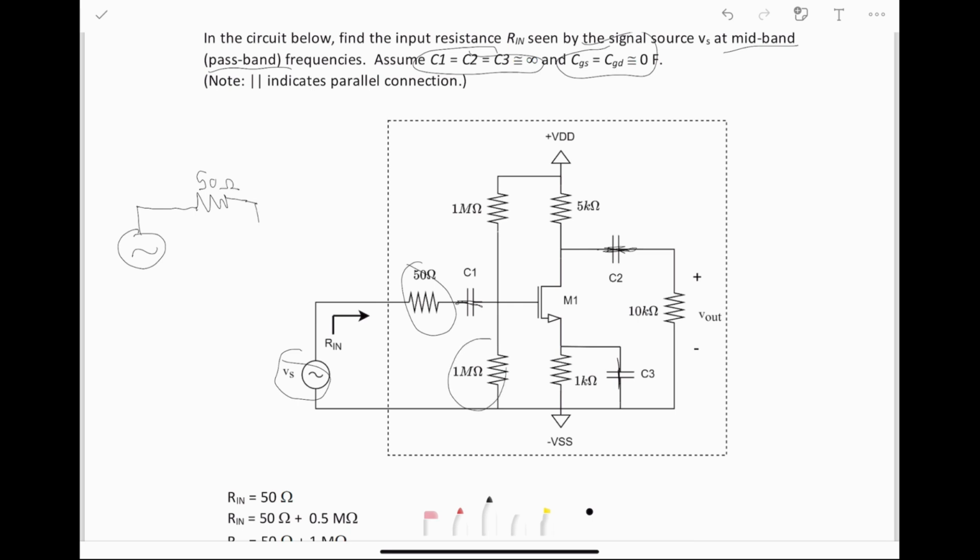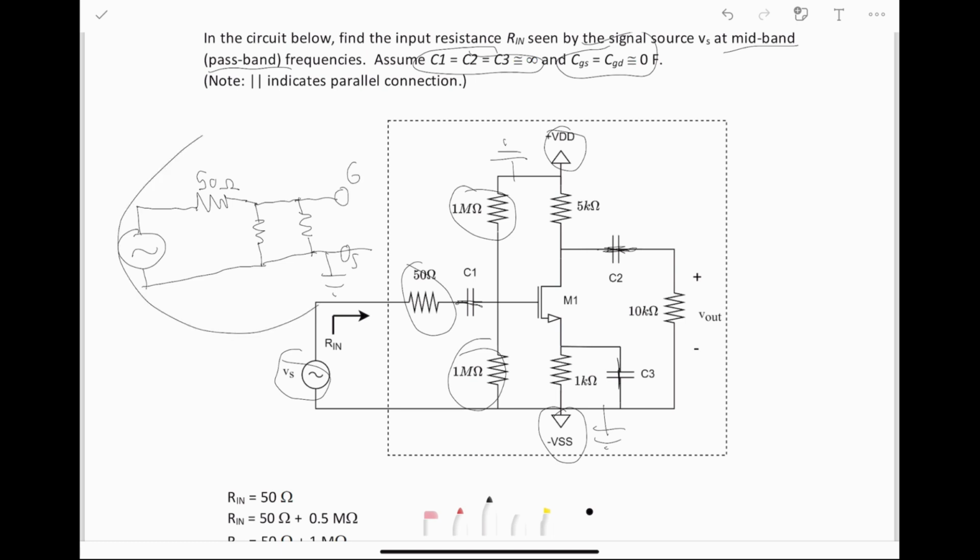We have a 1 mega ohm parallel resistor with another 1 mega ohm resistor. Remember that we turn these sources off. So this is ground, this is ground. This is the exact same thing we did last time. This is our source, so it's grounded, and that's our gate.